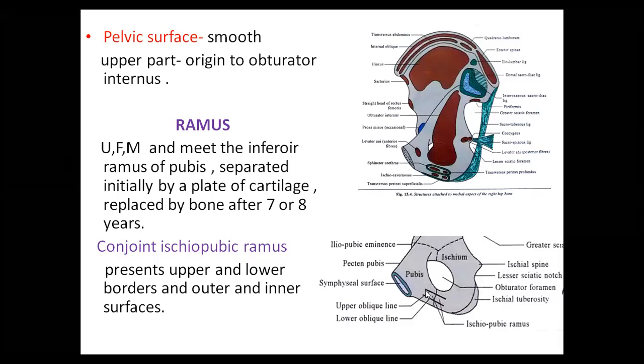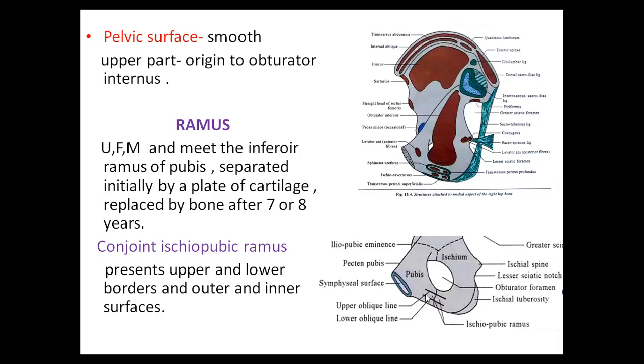The ramus of ischium points upwards, forwards and medially and meets the inferior ramus of pubis. They are initially separated by a plate of cartilage during growth, but when the child is 7 to 8 years old, it is replaced by bone. Together you call it the conjoined ischiopubic ramus.